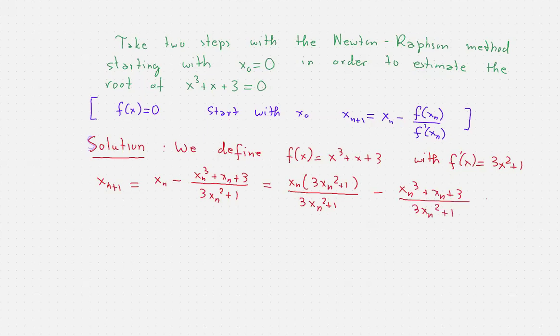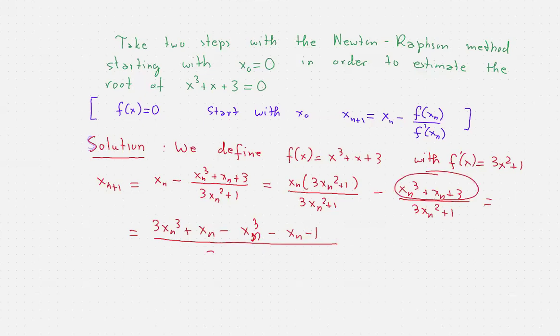So we will get 3xn cubed plus xn minus xn cubed minus xn minus 1. So we apply the negative sign to all the terms of the numerator of this fraction, and the denominator is 3xn squared plus 1.